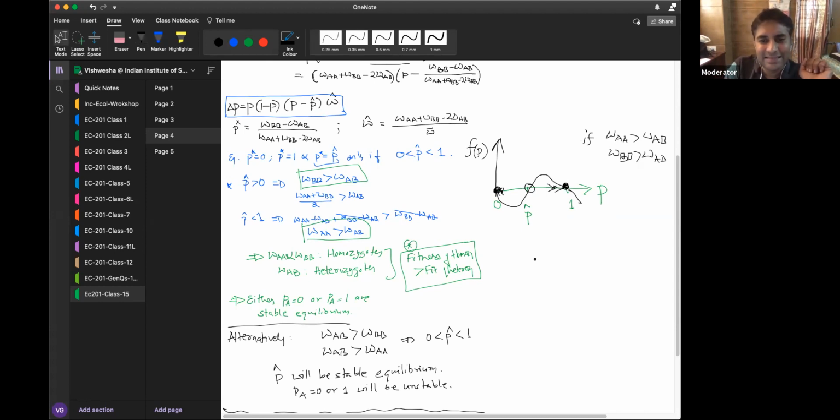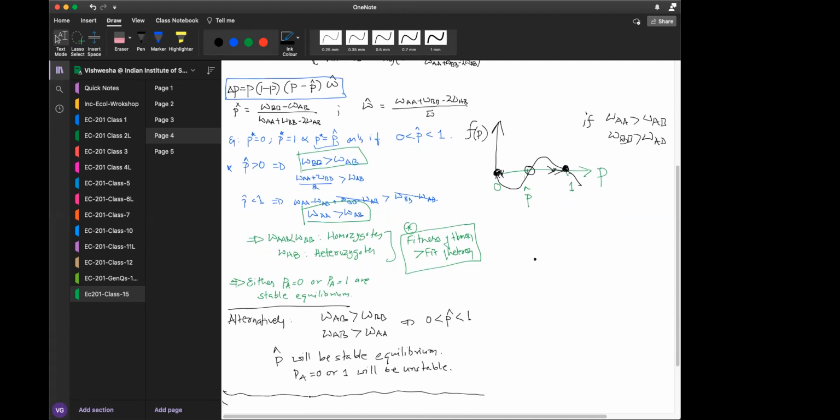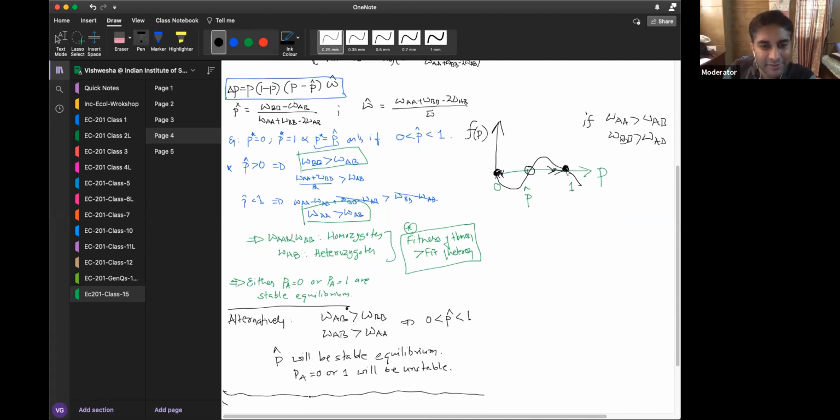We can do exactly the same thing when the conditions are flipped. Alternatively, we can also have the heterozygote being fitter, which will maintain both alleles between 0 and 1. In such a case, it will look like this: 0, p hat, 1.